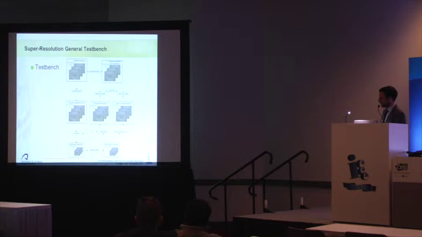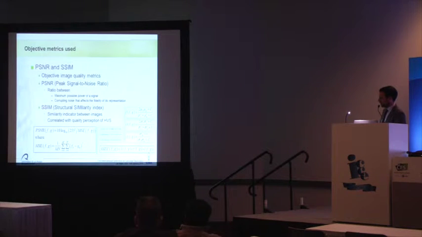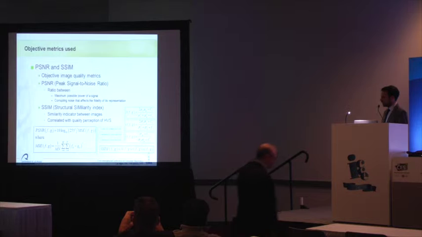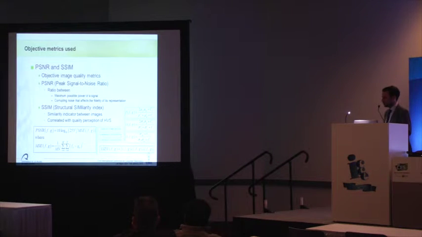These are the PSNR and the SSIM. PSNR is a traditional objective quality metric which relates the maximum power of a signal and the noise which corrupts that signal. And it's quite limited because it doesn't represent the human vision system well.